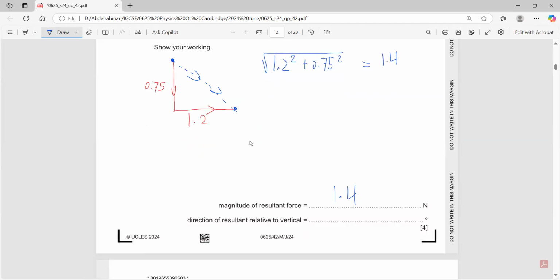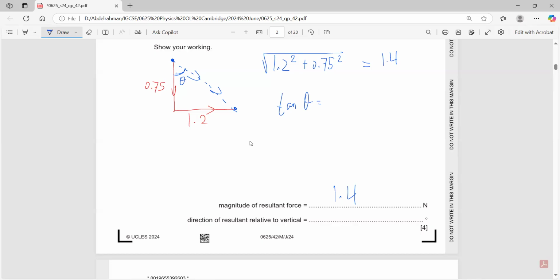Now to find the direction of the resultant with respect to the vertical, you need this angle. To find this angle, tan theta, opposite over adjacent, 1.2 over 0.75. Usually we say tan theta equals y over x, but when you need the angle with respect to the vertical, we say tan theta equals x over y.